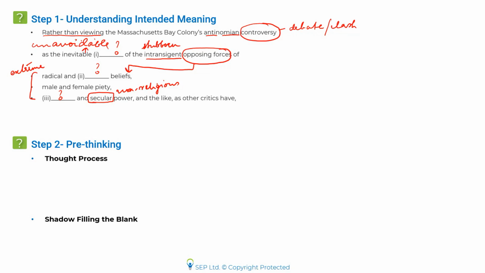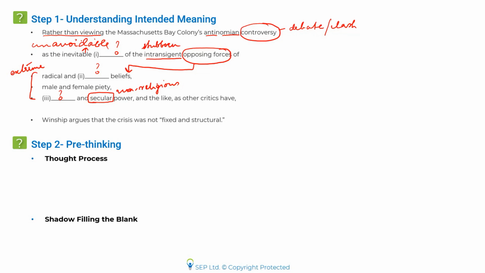So what we are saying in the crux here is, rather than looking at this controversy as an unavoidable clash between these opposing forces, Winsip argues that the crisis was not fixed and structural. It was definitely more dynamic.